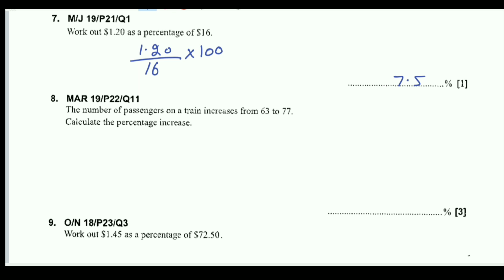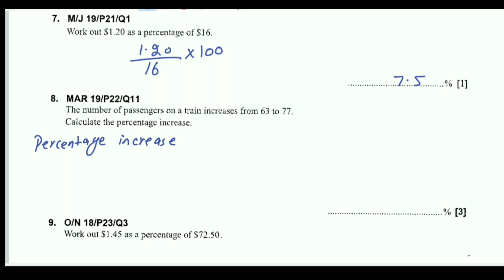The number of passengers on a train increases from 63 to 77. Find the percentage increase. So what is the formula of percentage increase? We have to find a percentage here, so we will just use the formula. As I told you, if we have to find the percentage, we have to use the formula.